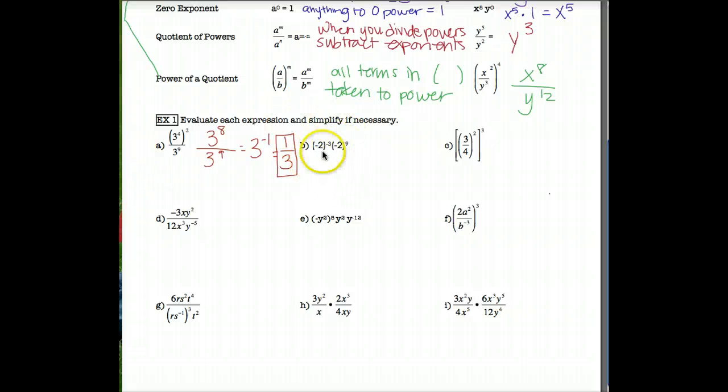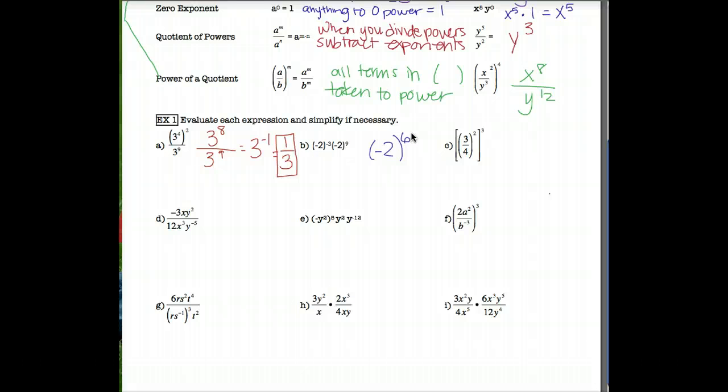B. So first thing I would do here, and there's multiple ways to approach this, so if you didn't start it just like me, that's okay. What I did first is I said, okay, I'm multiplying two things that have the same base, so I'm going to add the exponents. So the base is negative 2. When I add the exponents there, negative 3 plus 9 is positive 6.